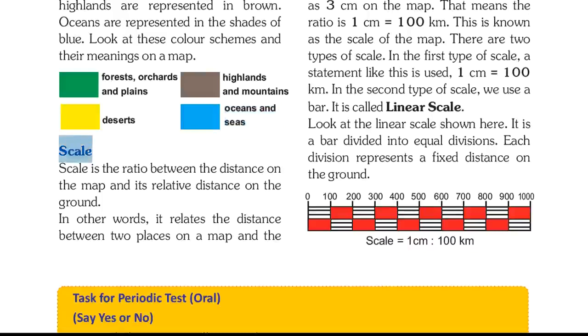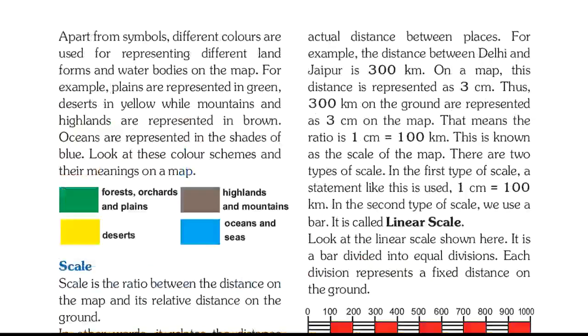Scale. Scale is the ratio between the distance on the map and its relative distance on the ground. In other words, it relates the distance between two places on a map and the actual distance between places. For example, the distance between Delhi and Jaipur is 300 kilometers.